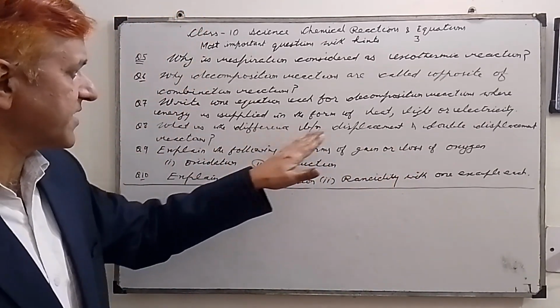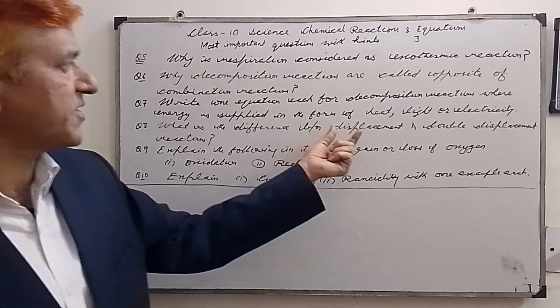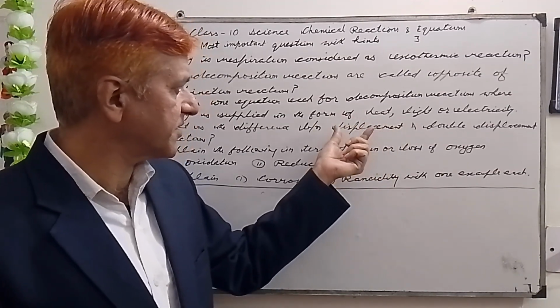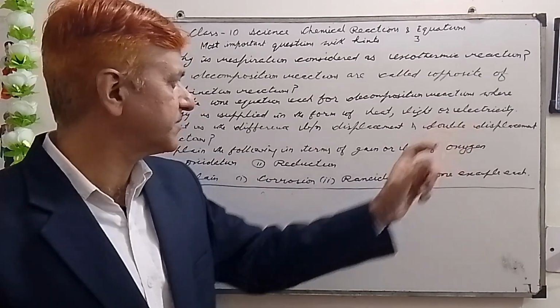So this is the difference between displacement and double displacement reactions. In displacement reactions precipitates are not formed. In double displacement reactions precipitates are formed.